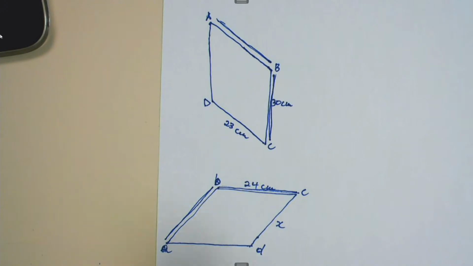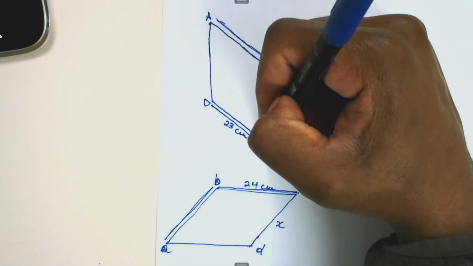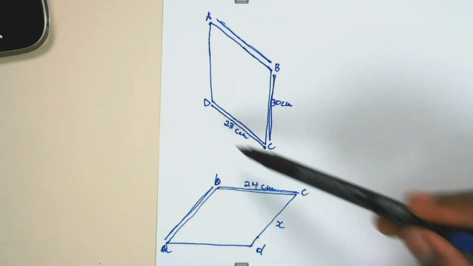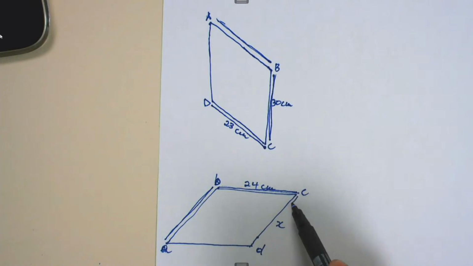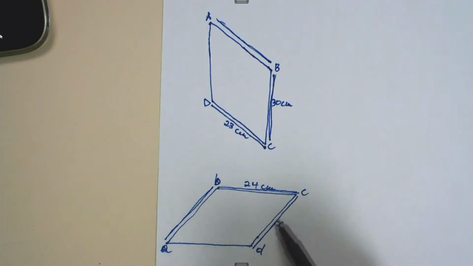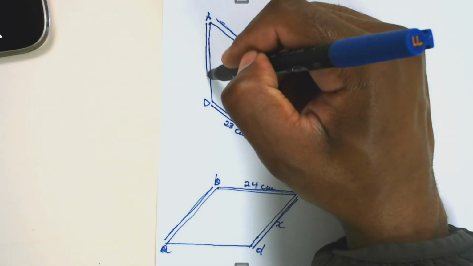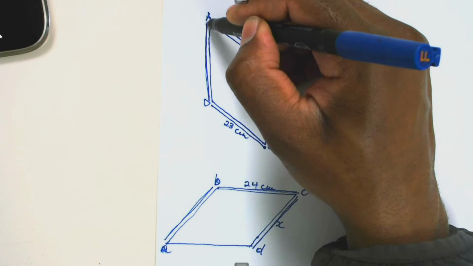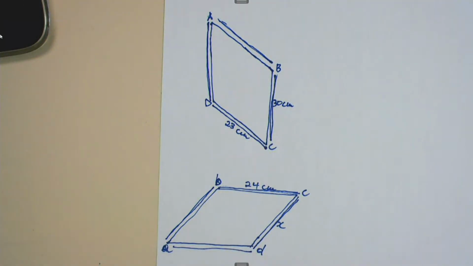But here is the thing. We have the side DC here, and then we have the corresponding side DC there. And then we have the side AD, and the corresponding side AD. So we have found all the corresponding sides.